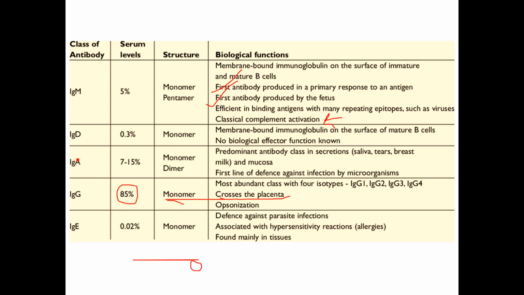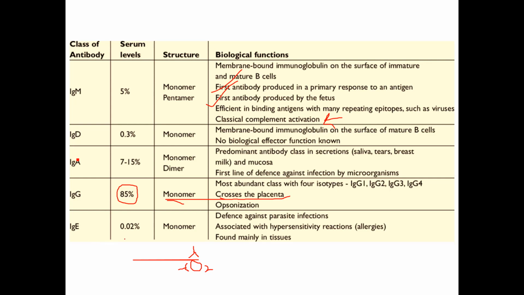Opsonization is basically coating the foreign particle with antibodies all over, so the foreign particle is fully covered with antibodies, and this helps the phagocytic cells to recognize the foreign particle, which in turn can phagocytize these opsonized foreign particles.